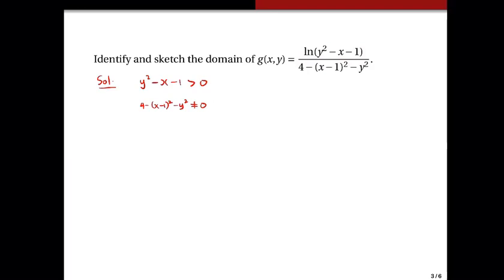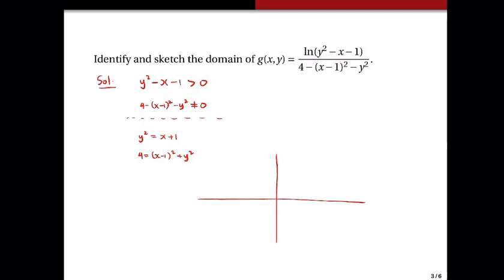So let's see. First, let us sketch y squared equals x plus 1. And later, we will also sketch 4 equals quantity x minus 1 squared plus y squared. This one is a parabola, and this one is a circle. Let us look at the sketch now.